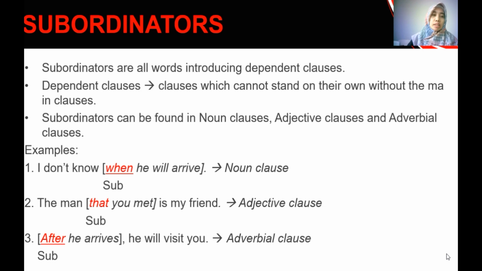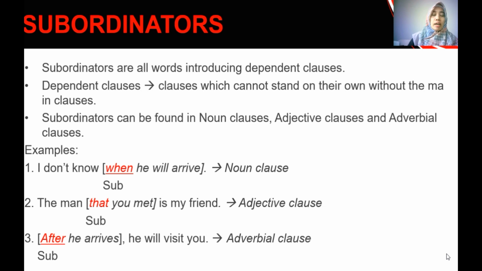The examples can be seen here. I don't know when he will arrive. So when he will arrive here is a noun clause because it functions as a noun. In this sentence, it functions as the object of the sentence. The main clause is I don't know, okay, and the object is when he will arrive. So the red word here that I underlined is the subordinator. It introduces the dependent clause he will arrive.